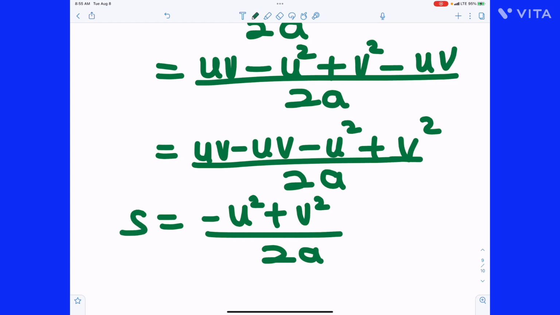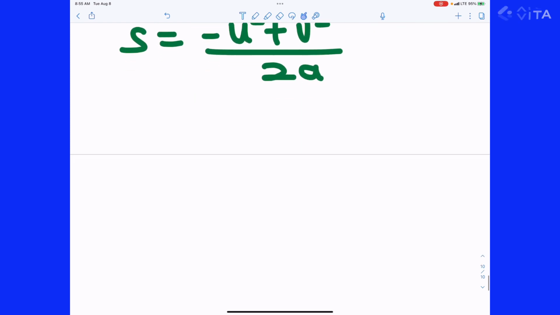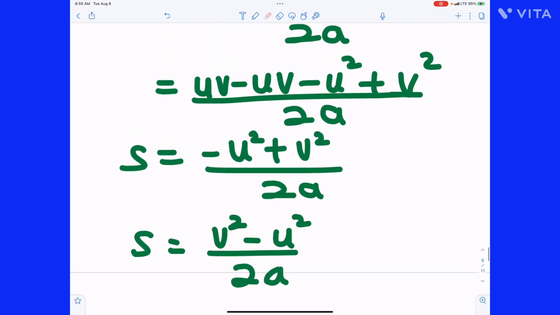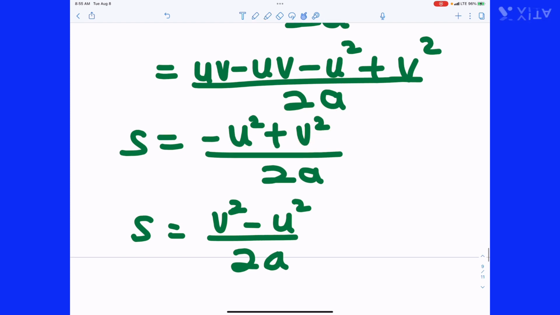Now, on rearranging further, I'll get s is equal to v squared minus u squared over 2a. I've just rearranged this numerator: minus u squared plus v squared can be written as plus v squared minus u squared. That rearrangement makes my equation look more beautiful.